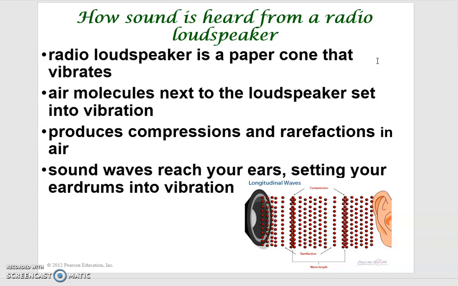The paper cone pushes on the air particles around it, so they start to compress and rarefy. This vibration of the air molecules is transmitted, and now it reaches your ears and sets the same kind of vibration in your eardrum.